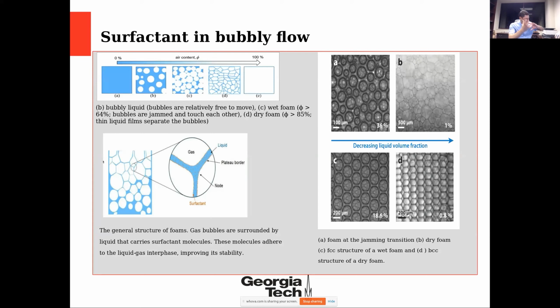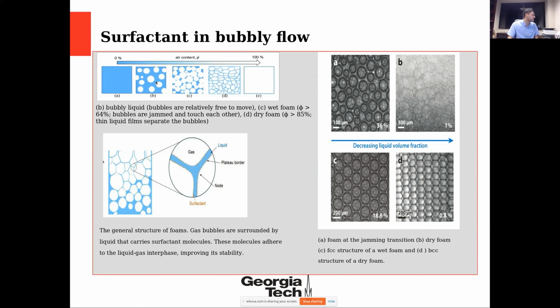So we replace water with bubbles or foam, to avoid flocculation. As long as we say bubbly fluid, it means that we increase the number of bubbles or air content in the fluid. So you have water, you increase the air content to about 60%. There is still no agreement about this number, 64%.